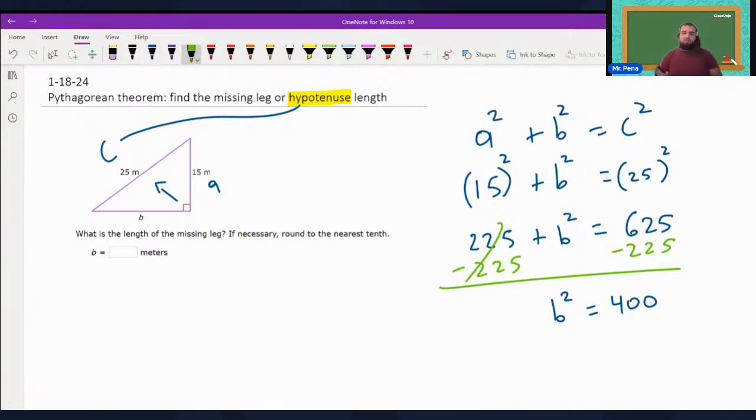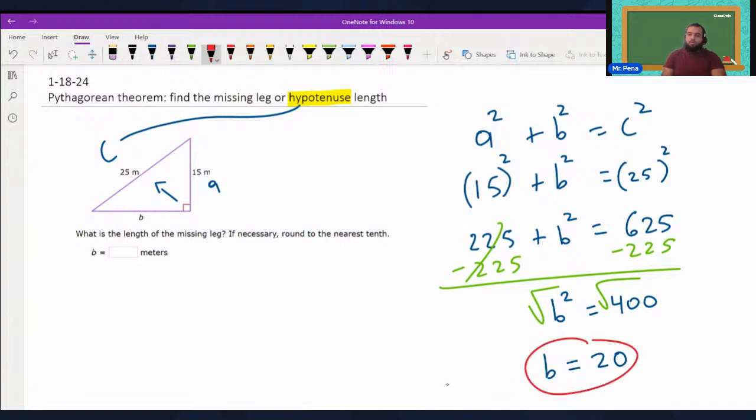We are not finished because that's simply B squared. We need to isolate the B so that it's without the square. So this is what we do: square root, square root. What you do to one side, you do to the other side. B equals, so it's going to be 20 meters.